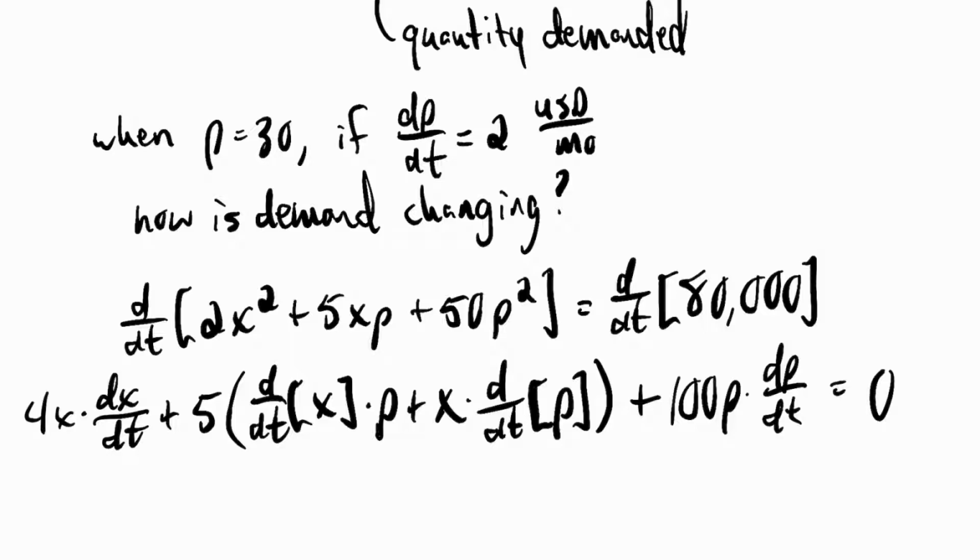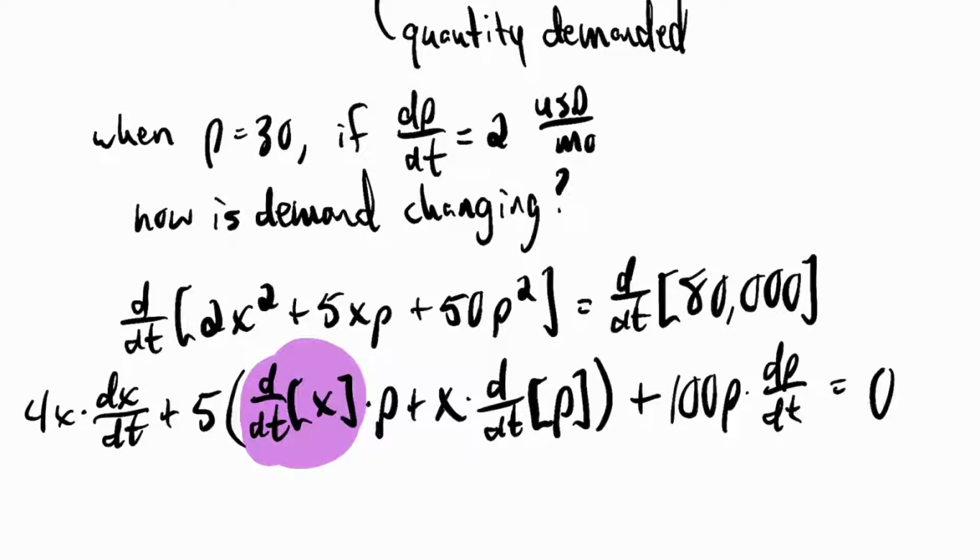So I still have to work with these. I just wanted to do it in 2 steps. The derivative with respect to time of x is dx/dt. Again, we don't have x as a function of time, we just know that it changes as a function of time. And then d/dt of p is dp/dt.